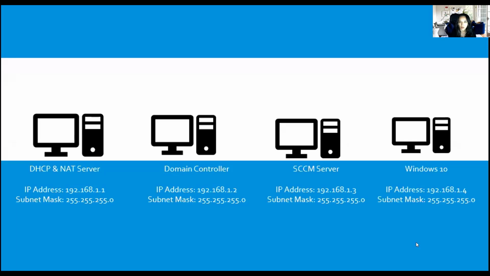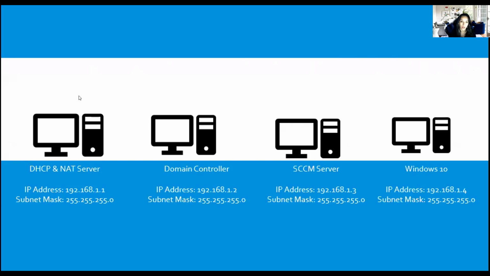So, all right, we're going to have 4 machines. 3 of them are going to be servers, the Windows 2019 servers, and then the Windows 10 machine. The first one is going to be our DHCP and NAT server, which is the dynamic host configuration protocol, which is what gives out the IP reservations for all of the machines on our network.